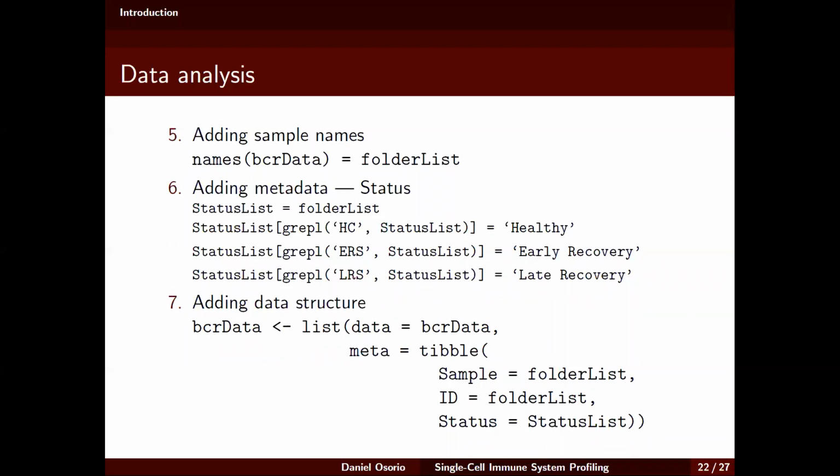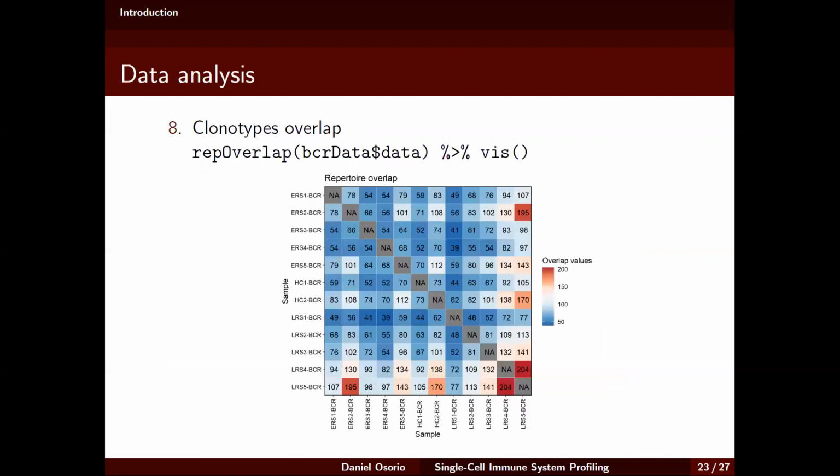So once we have all the data organized in this way, we are able to start asking the package what the patterns in the data are. So the first thing we can analyze is the clonotype overlap. To do that, we use the repOverlap function.